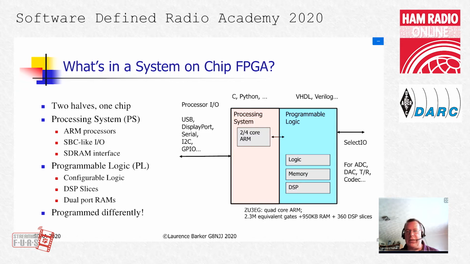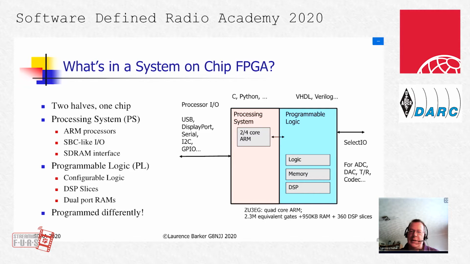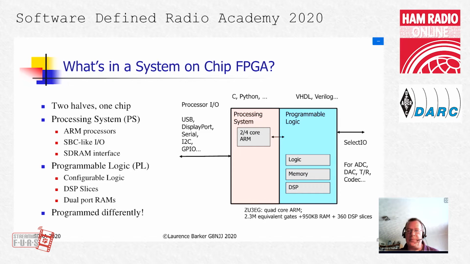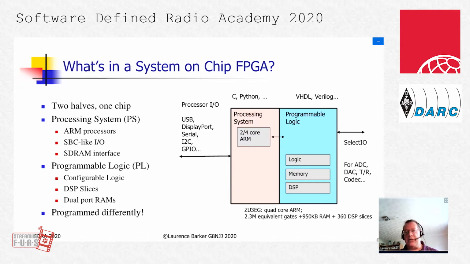That's more than you're ever likely to need in an HF SDR. Nearly 1 megabyte of block memory and 360 DSP slices, and that's enough to do the job. Finally, at the right-hand side, it's got I/O signals to which we can connect the A to D and D to A converters and all of the strobe lines that we need for transmit, receive, filter control, and so on.